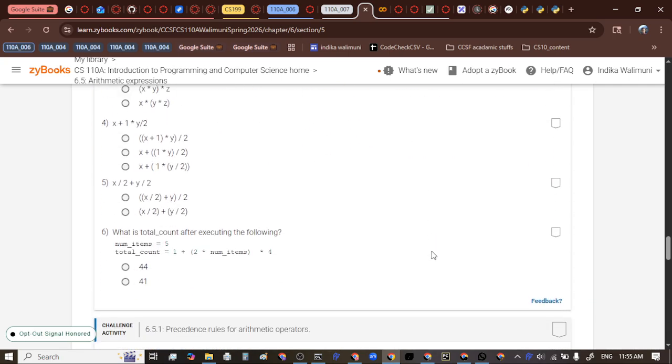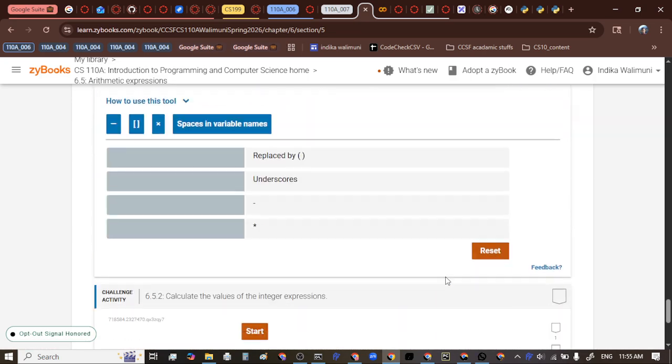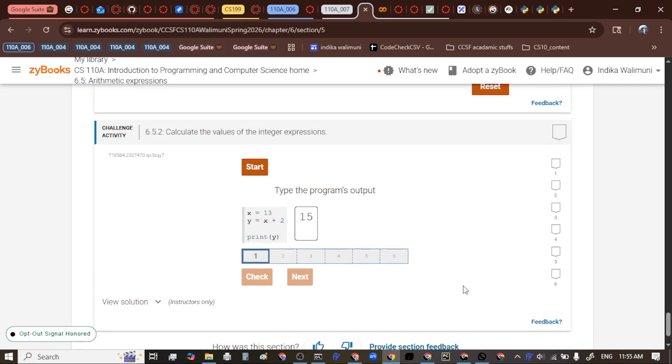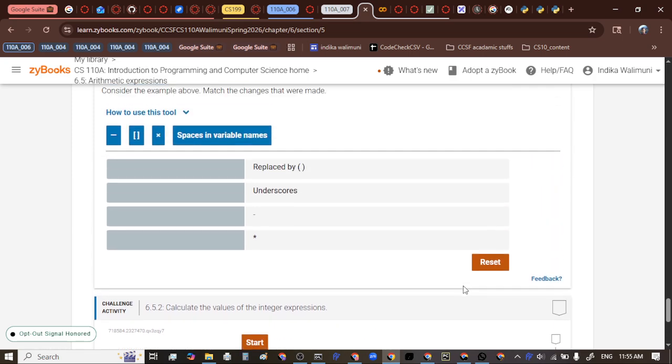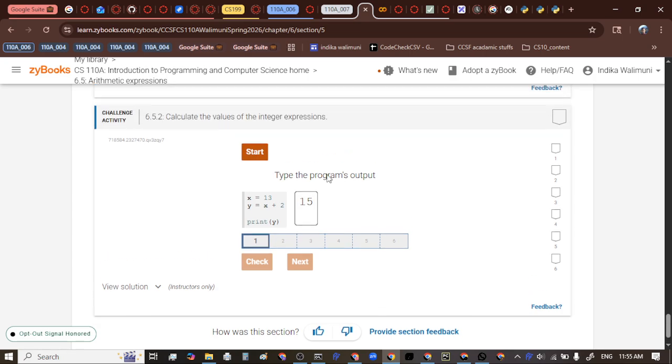All right, so let's do one of these exercises, guys. Let's do this one. It says type the program's output. So x is 13, 13 plus 2 is 15.